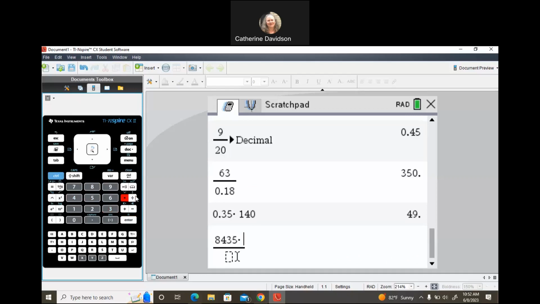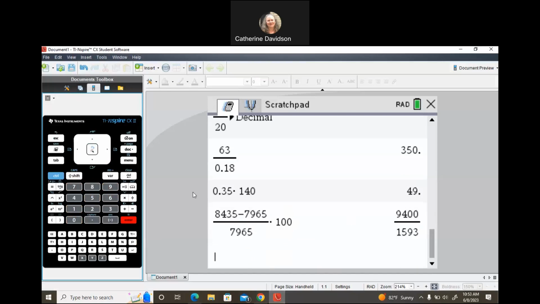Let me flip, oops, that should be minus. Let me flip over real quick. 7,965. So we put it in just like we have it set up. I would recommend that you write it down on a piece of paper, how you're going to put it into the calculator.